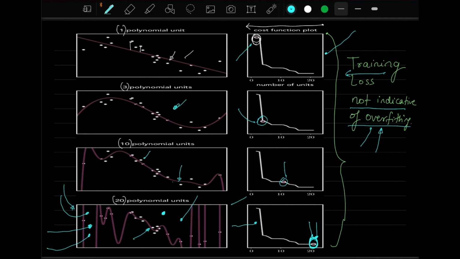So we want some other metric to quantify overfitting, because we want our error to be very high in case of overfitting, but here it is very small. We want another metric that will help us do that. So this is the first motivation, why we want some other metric to quantify our plots.